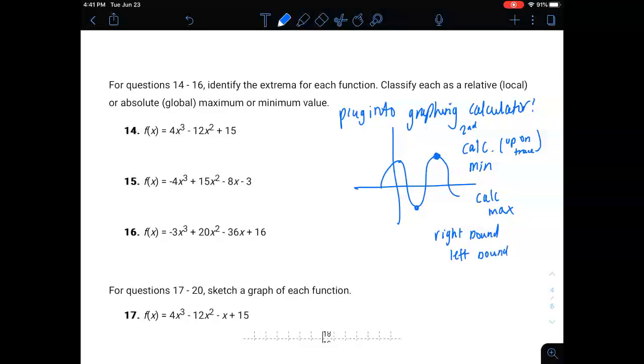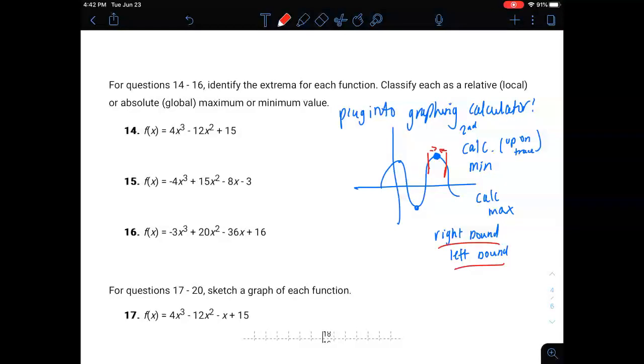And what that just means is if I'm looking for a point here, my right bound is somewhere over here, and my left bound is somewhere over here. And the closer you can get to the actual point there without going over, the faster it's going to calculate. Okay?